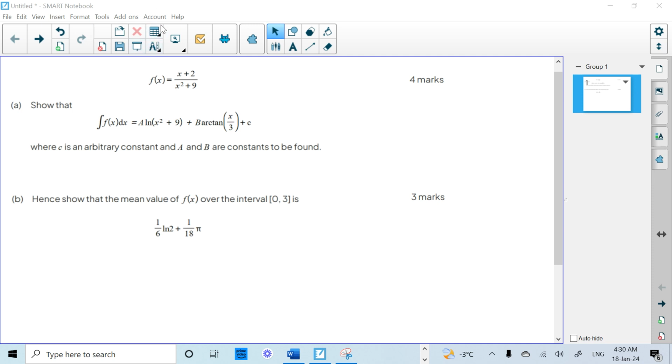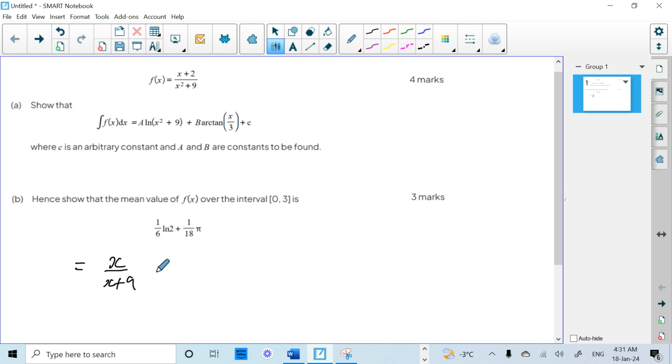I have some function of x, so some function of x is equal to x over x squared plus 9, and of course plus 2 over x squared plus 9. And I've split the fractions.